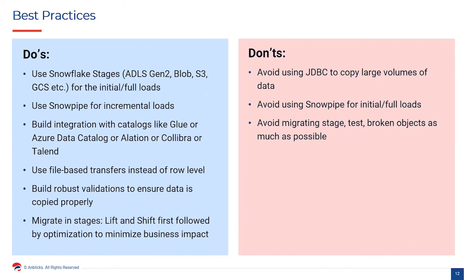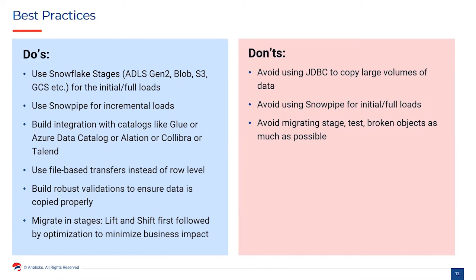I would suggest not to use Snowpipe for initial and full loads, because Snowpipe could make your job slower if you are planning to move lots and lots of data in the scale of terabytes, right? So use Snowpipe only for incremental loads, because you get that benefit of change data capture at file level, right?